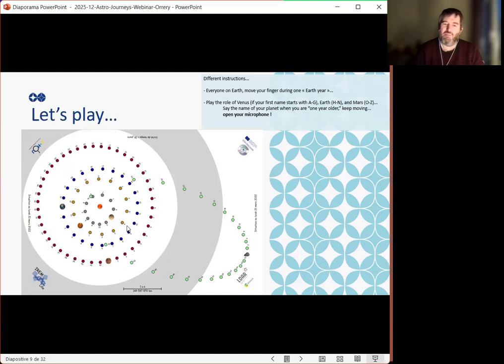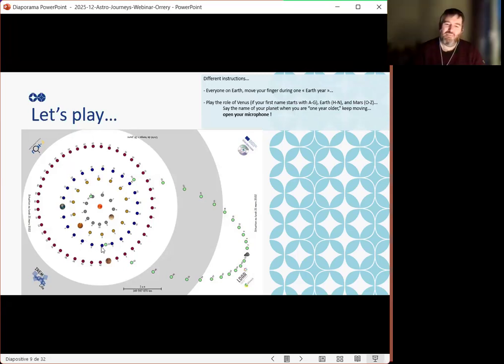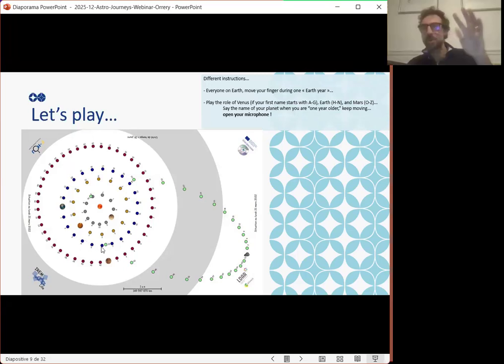Tap, tap, tap, Earth. Tap, tap. And Mars should be there somewhere. Oui. Normally, Mars should have done one turn.